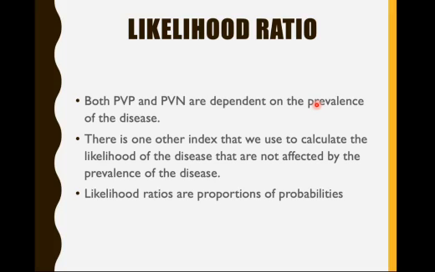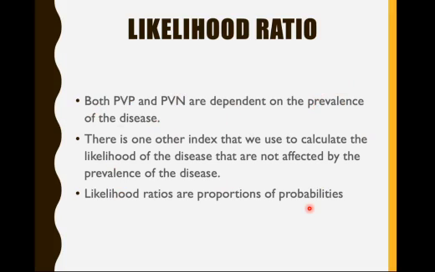Because as we told you, when we make a research, we normally generalize our results from sample to population. But with predictive indices, you cannot generalize this one because the predictive indices are dependent on the prevalence of the disease.